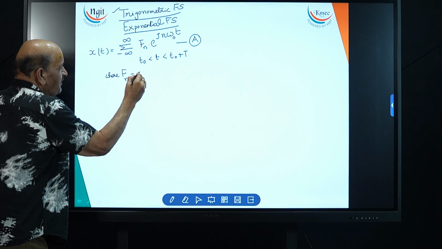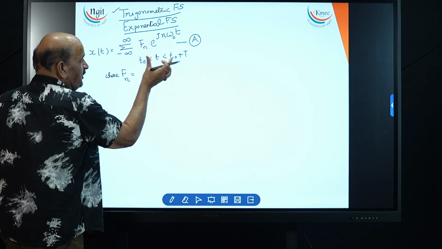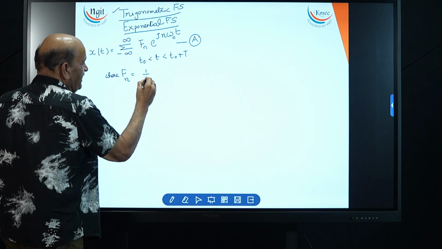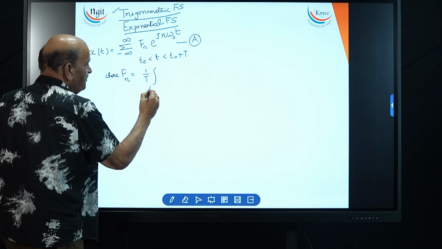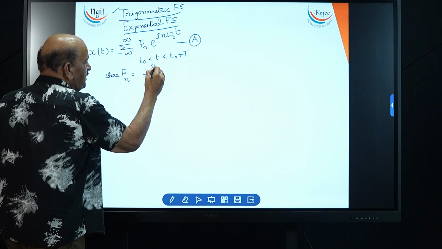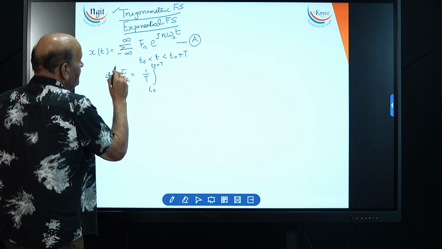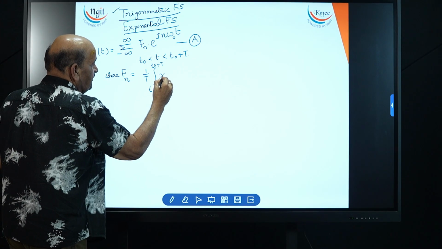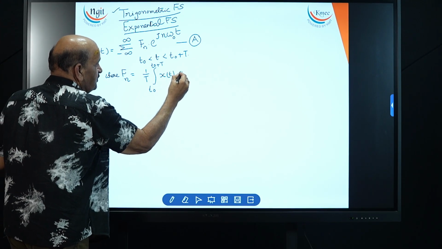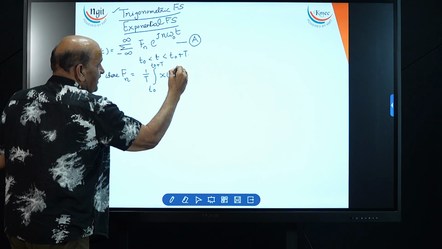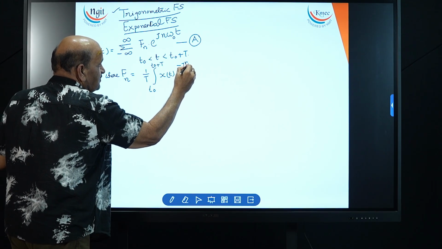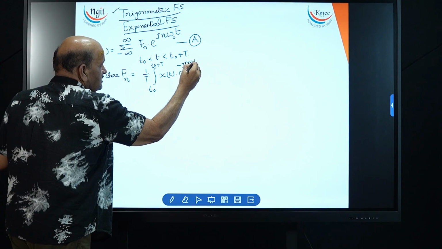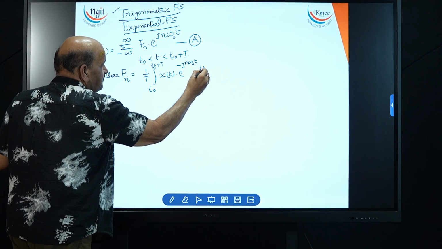This constant F of n is equal to 1 by T, integral from t naught to t naught plus T, of x of t into e power, here in the main equation it was positive, but here you have to make it negative, minus j n omega naught t, dt.